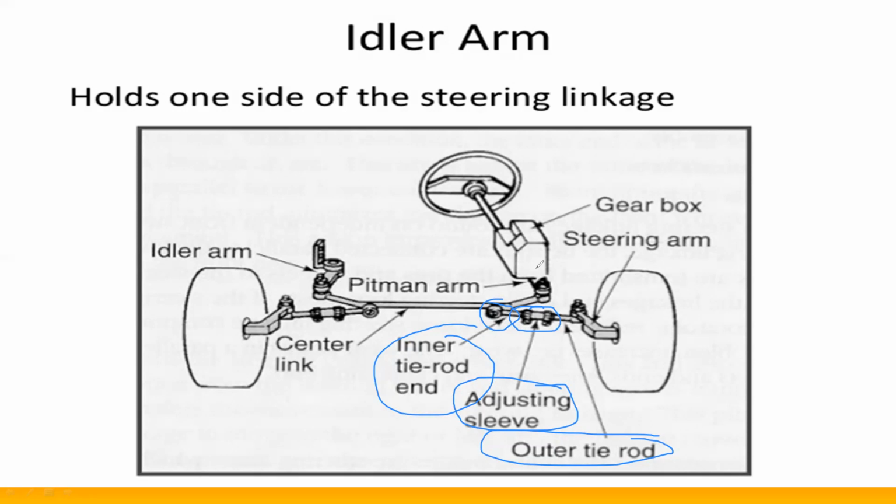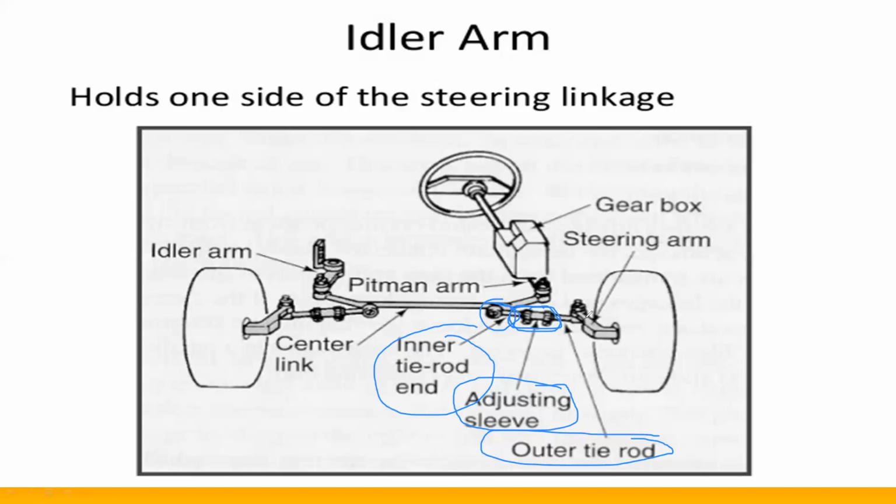So when the car is turning in an angular direction, this adjusting sleeve is used to turn the wheel very easily. Okay. By the help of these linkages, we get smooth motion of the wheels. The inner tie rod end and outer tie rod end are fixed to one end of the automobile front wheel.